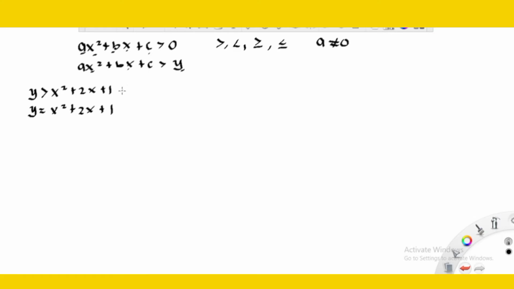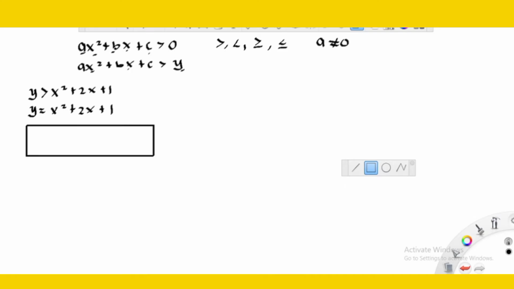So again, the given quadratic inequality, we wrote it as an equation, replacing the inequality symbol with an equal sign. Okay? Next procedure is we will prepare a table of values.